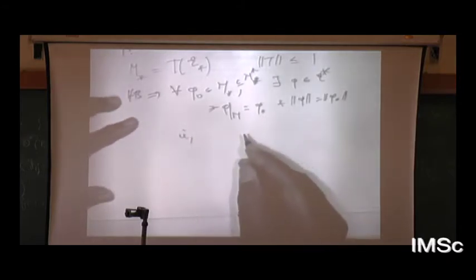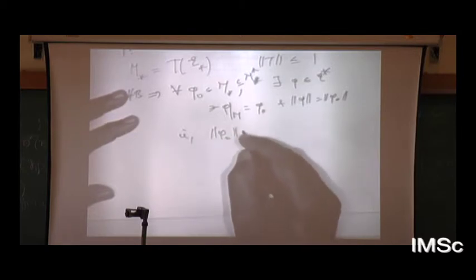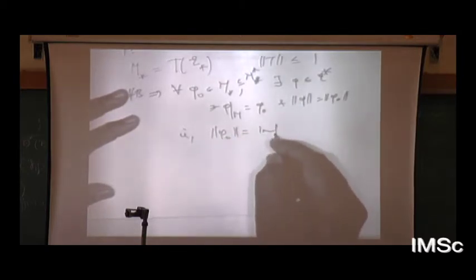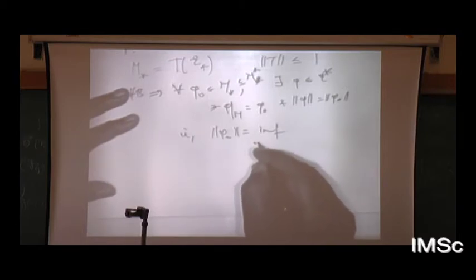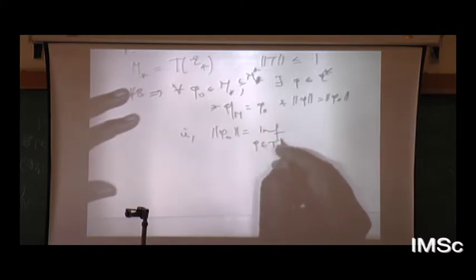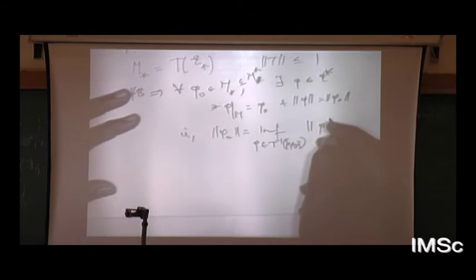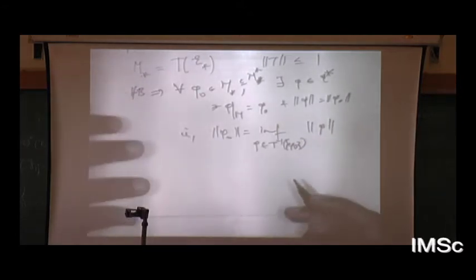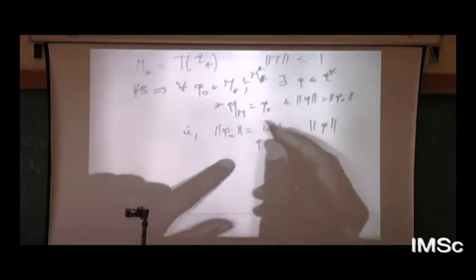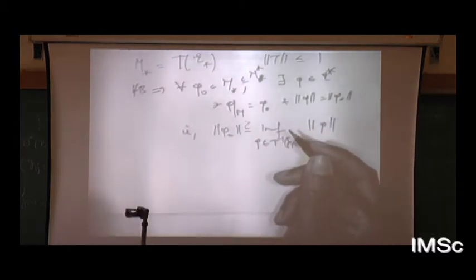That is, what this says is that norm phi naught equals the inf of norm phi over all phi in T inverse of phi naught. Actually a minimum. This says that this is greater than or equal to, but it is less than or equal to because T is norm decreasing.